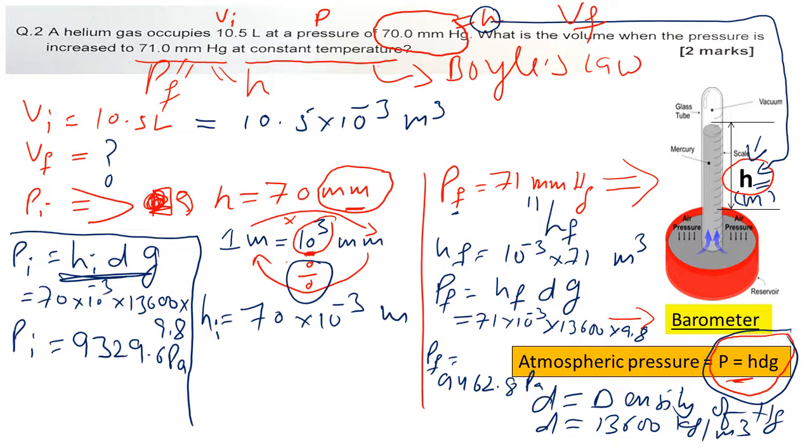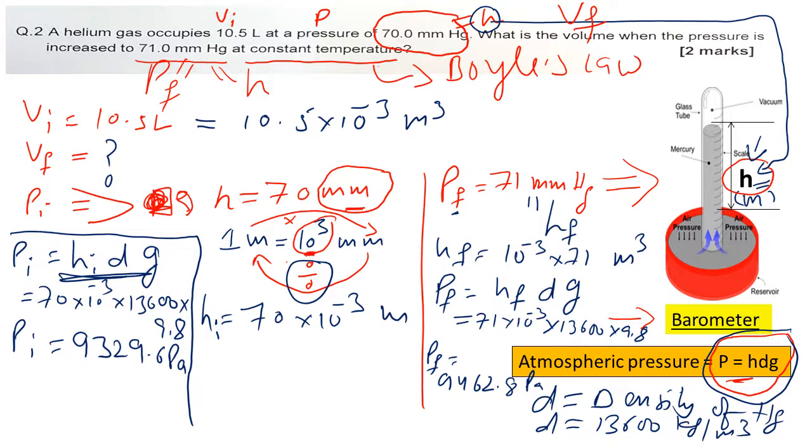Here this d is constant, this is the density of the mercury, and this value is 13,600 kilogram over meter cube. This value will be given to you, this is a constant value.